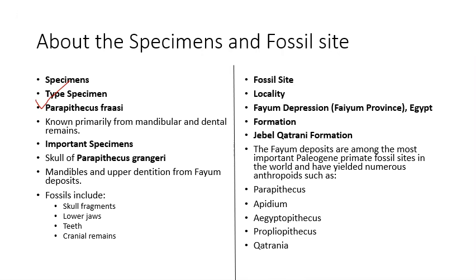There are mainly two types of Parapithecus specimens: Parapithecus fraasi, known primarily from mandibular and dental remains, and Parapithecus grangeri, a skull discovered in the Fayum region of Egypt.